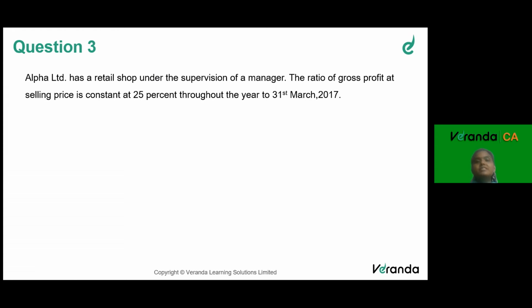The gross profit at selling price. So 25% is on the selling price, that is 1/4 of the selling price. If it is 1/4 of selling price, how much is it on the cost? 1/3, ma'am. Very good. So 1/4 on selling price means 1/3 on cost.